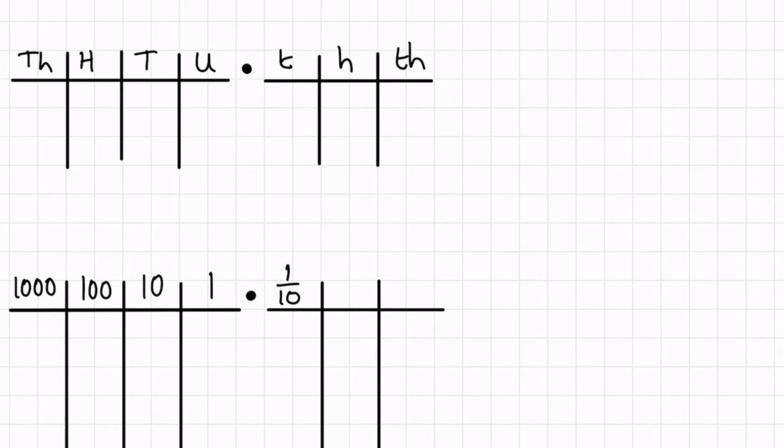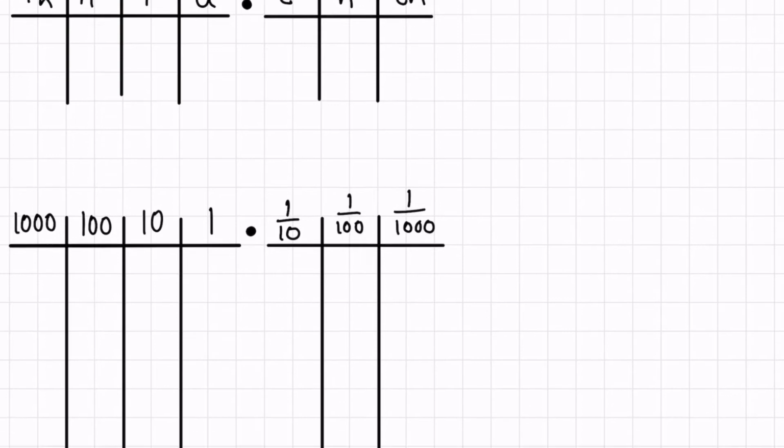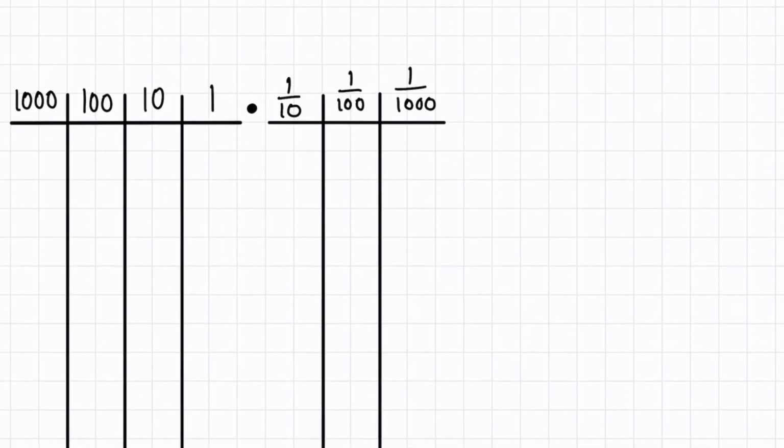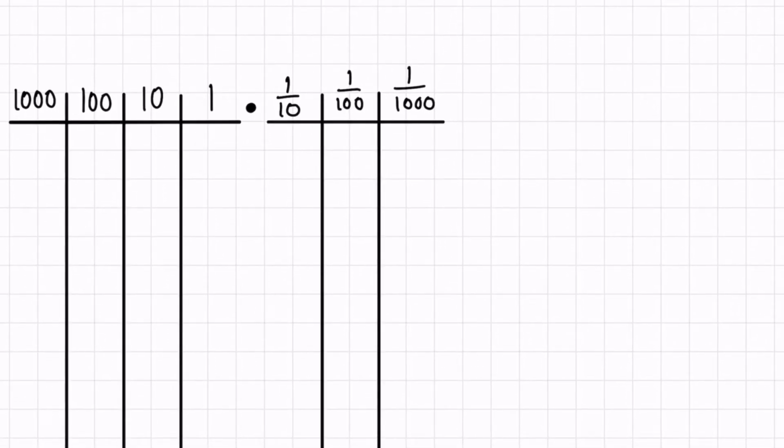For hundredths, I'm going to write the fraction equivalent, and similarly for thousandths, we're going to write it like so. I tend to find this way of writing the columns of our number system very helpful because it introduces us to other kinds of mathematics. But anyway, we're here to focus on multiplying and dividing by 10, 100 and 1000.